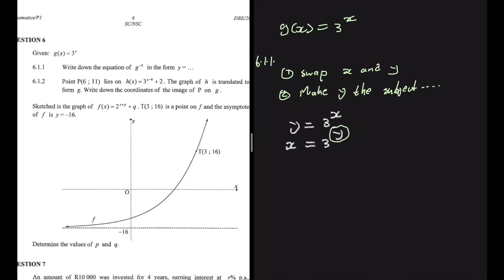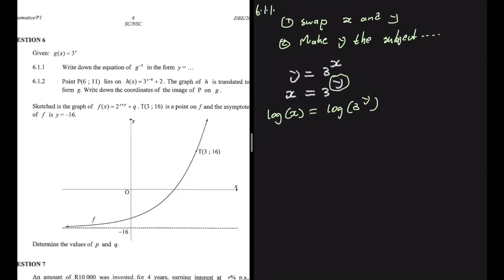So if we do that, we're going to have log of x being equals to log of 3 to the power y. If you introduce log, you can take down the exponent, right? So we're going to have log of x being equals to y log of 3, right? It's easy to see now what we are going to do. We're going to divide both sides by log of 3.